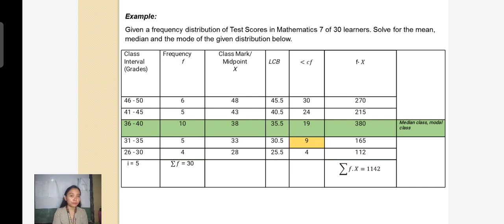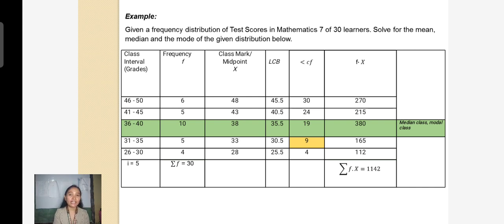The result is 15, so we look at column 5, the less than cumulative frequency. You look for the number equal to 15 or greater than 15, but it should be the least cumulative frequency.